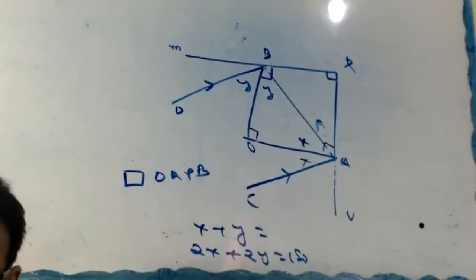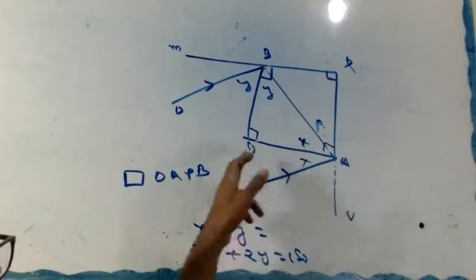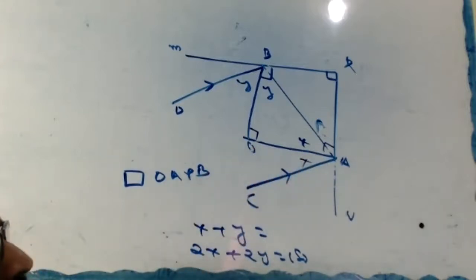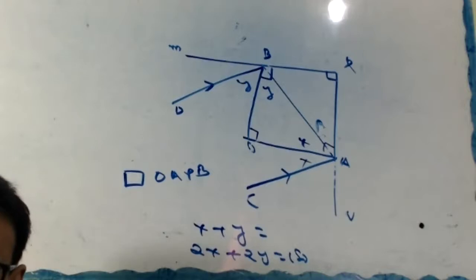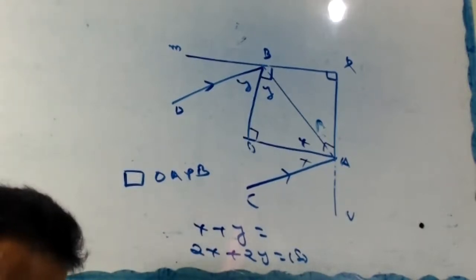Start now. Angle CAO equal to angle OAB, bracket, angle of incidence equal to angle of reflection.